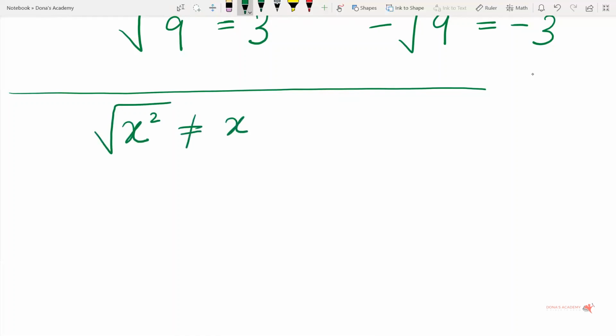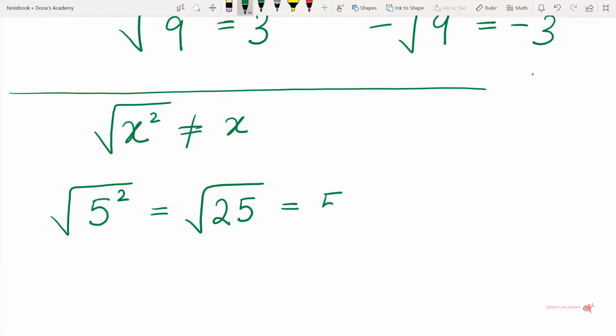Let me take the same example I took before. First I'll write square root of 5 square. What is this? Square root of 25. And what is the answer? It is positive 5. Now I will consider negative 5 square.